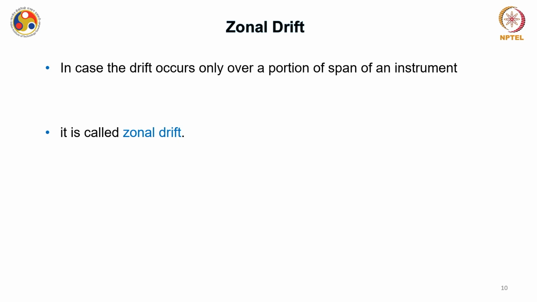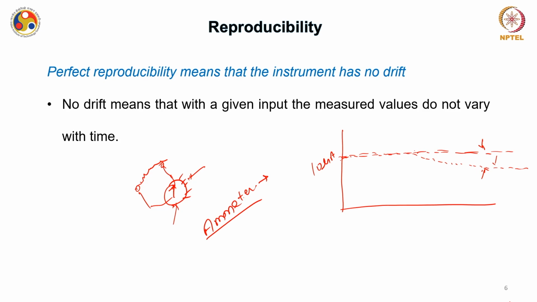So, that is a zonal drift. I hope that the three different drifts are clear to you, and this is actually directly related to reproducibility, as we have seen that perfectly reproducible results means that there is no drift in the instrument.